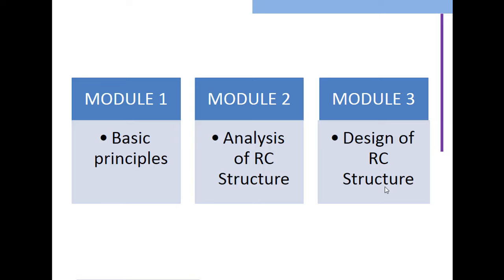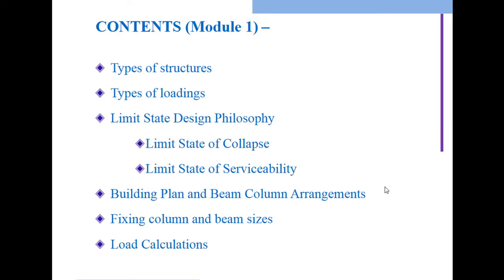Now, in this module number one, my contents are type of structure, type of loading, and limit state design philosophy, in which we are going to discuss the limit state of collapse and limit state of serviceability. Then building plan and beam column arrangement, which is really very important. Why is it very important?